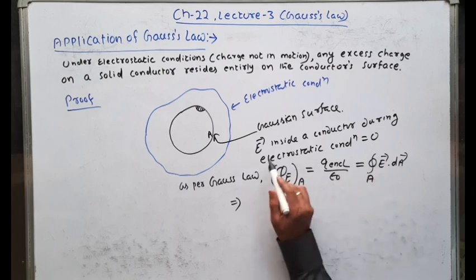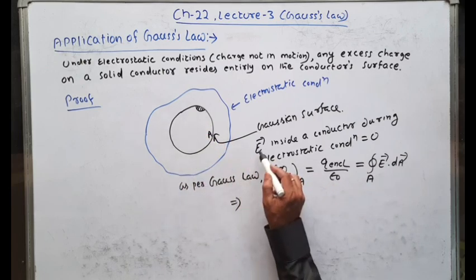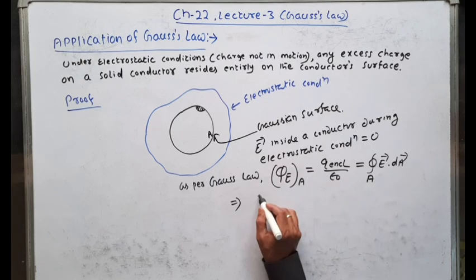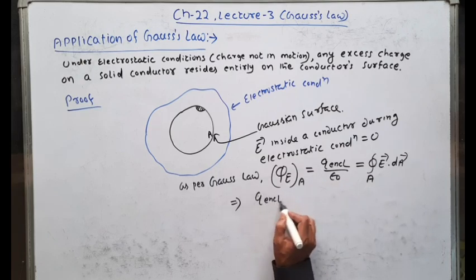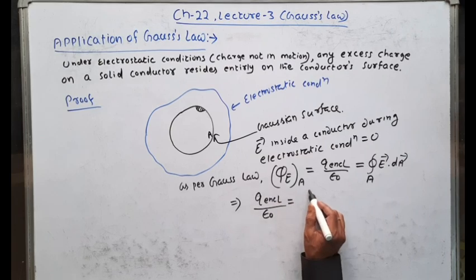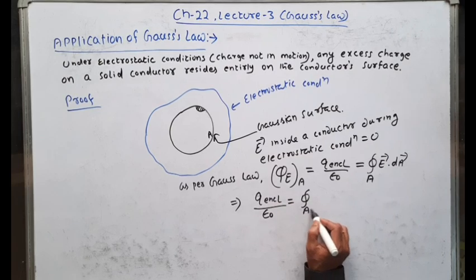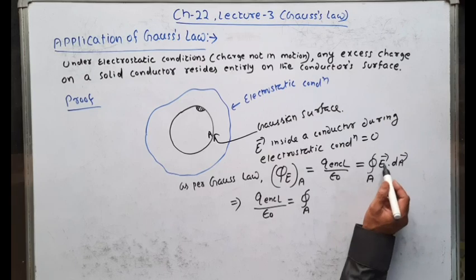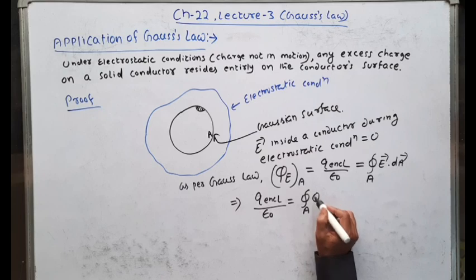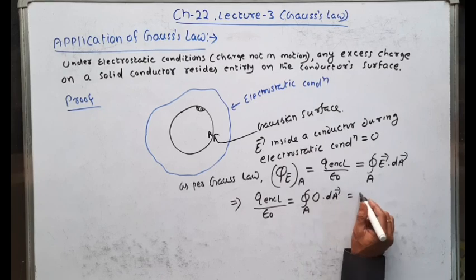Inside this conductor the electric field intensity is 0, so we put E equal to 0. That implies Q enclosed by the Gaussian surface divided by epsilon naught is equal to the surface integral of E dot dA. The electric field intensity inside this conductor is 0, and 0 into something is equal to 0.